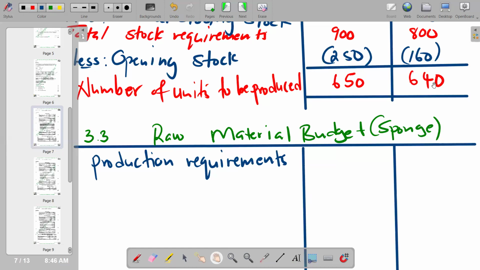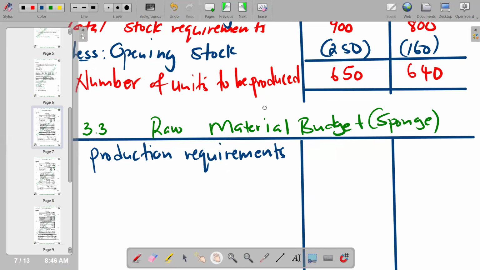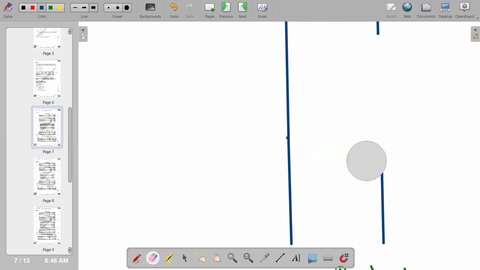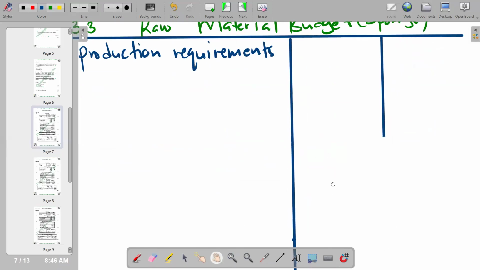On the raw materials budget, we are only supposed to have one column, not two columns, since we are going to combine them. So we can remove the other column.